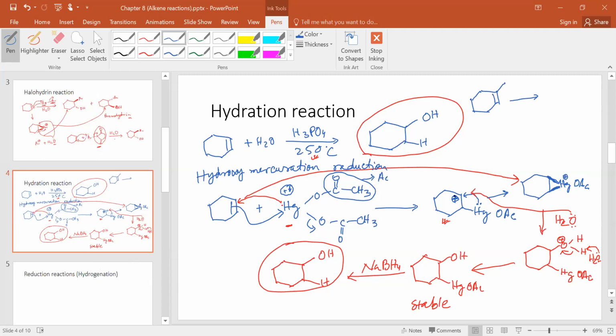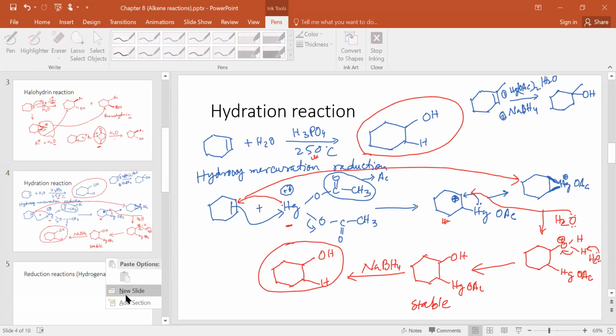If you have mercuric acetate and water, and you take sodium borohydride in the second step, then what will happen? OH will go at the more substituted carbon. So keep this in mind. So these are two hydration reactions.